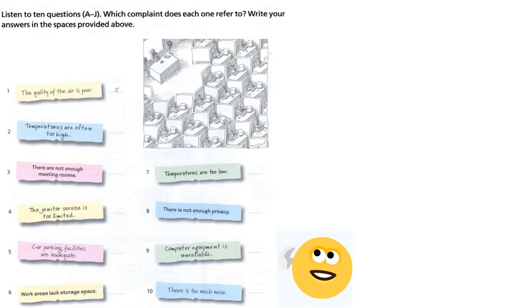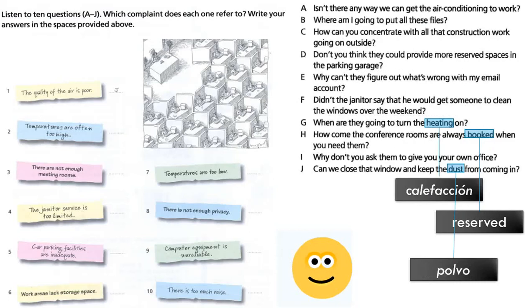Unit 2. Workplaces. Listening 1. B. Listen to the questions A through J and match them with the complaints in your book. A. Isn't there any way we can get the air conditioning to work? B. Where am I going to put all these files? C. How can you concentrate with all that construction work going on outside? D. Don't you think they could provide more reserved spaces in the parking garage?